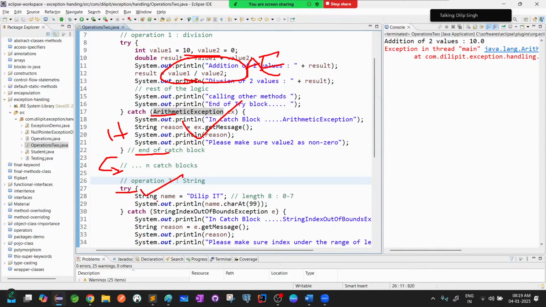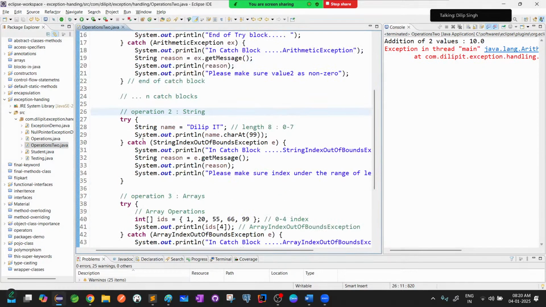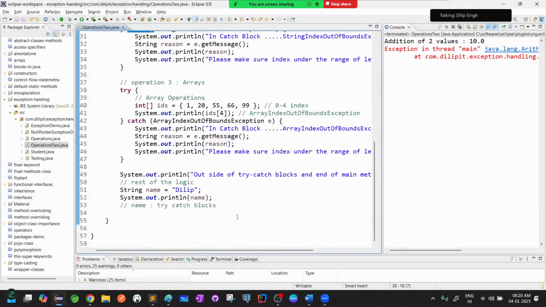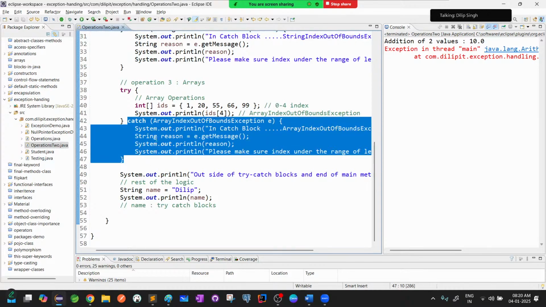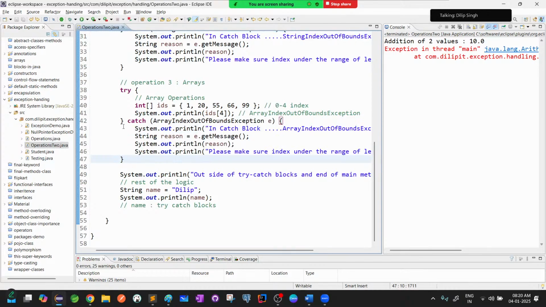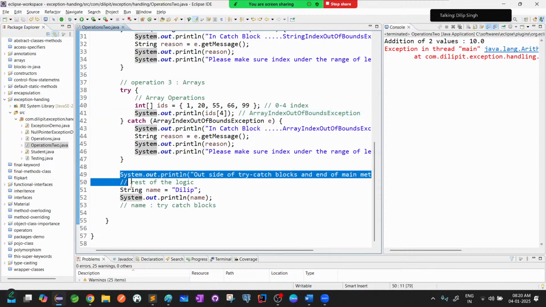It executes, and again an exception. What exception? You are doing a string operation, so a string index out of bounds exception. Yes, that catch block is available, so it will be executed, and once it is executed, JVM moves to the next line. Again you wrote one more try block. This time it is a valid operation, so 99 will be printed. No catch block is executed because there is no exception, and the try block executes peacefully.